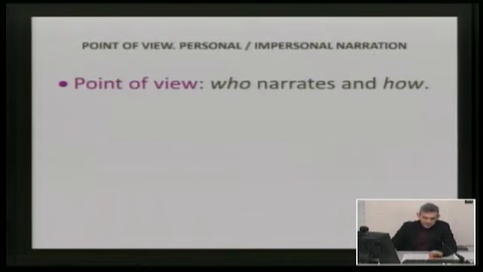As you can see here, who narrates and how. That is point of view, narrative point of view. It has nothing to do, as I said, with opinions, the ideology of a narrator or an author.